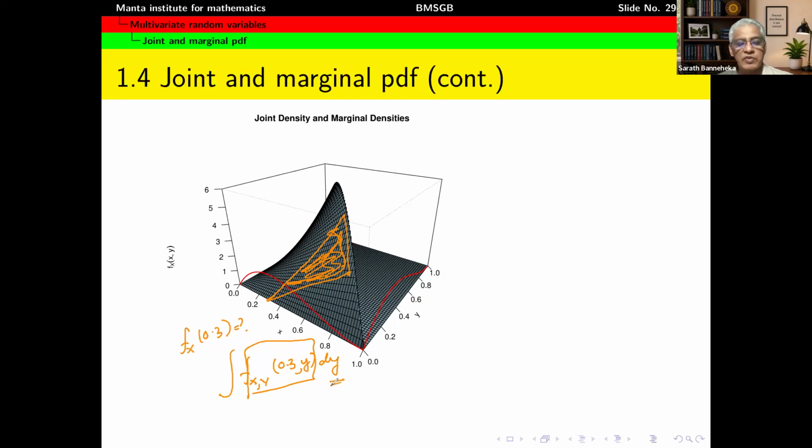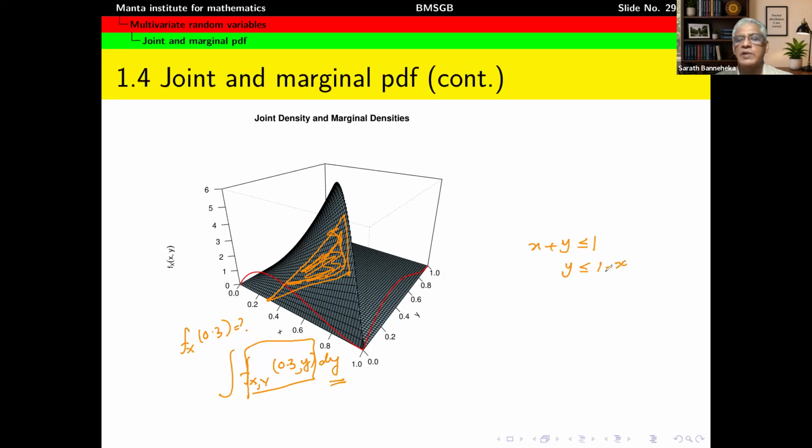But you have to integrate with respect to y. So what are the limits that you have to use? y is changing from 0 to some point here. Remember, we are looking at x equal to 0.3, right? But we know that x plus y is less than or equal to 1, so y will be less than or equal to 1 minus x.